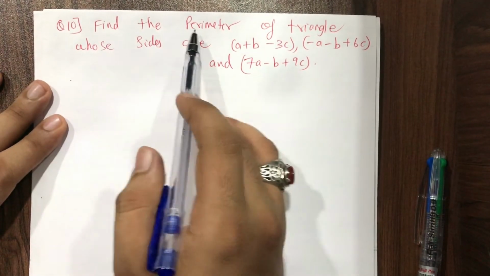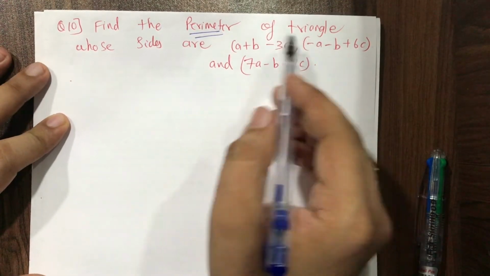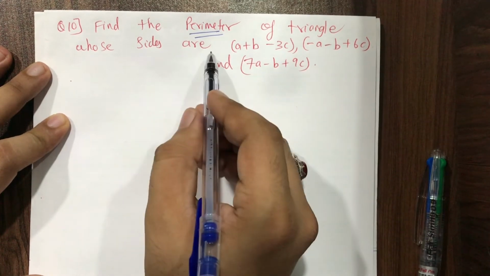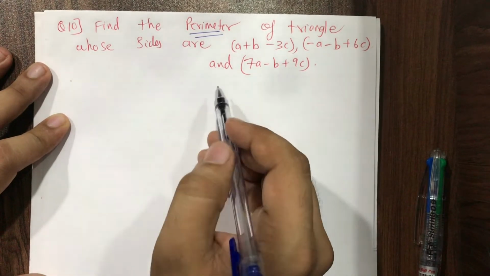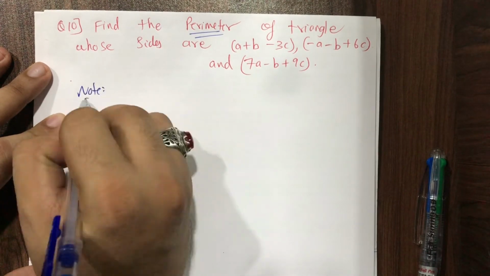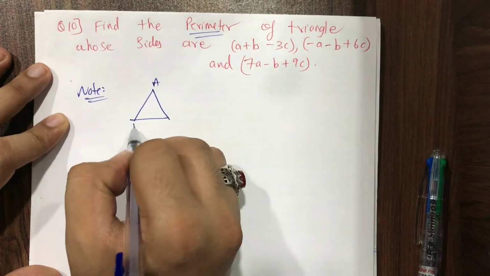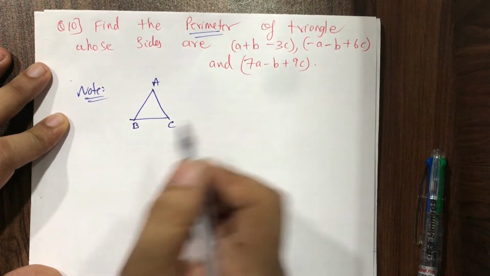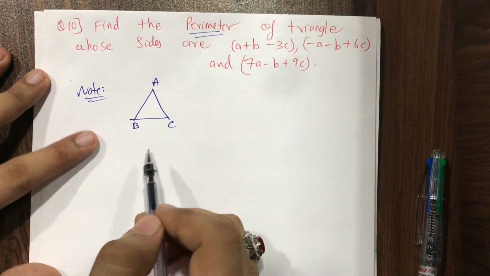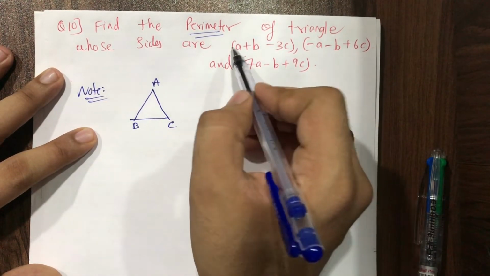Now students, question number 10. Find the perimeter of the triangle whose sides are given. We all know, students, that in a triangle there are always 3 sides. For example, I have a triangle ABC. A triangle has only 3 sides. Now pay attention here.